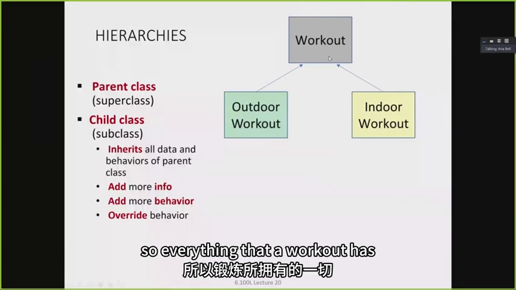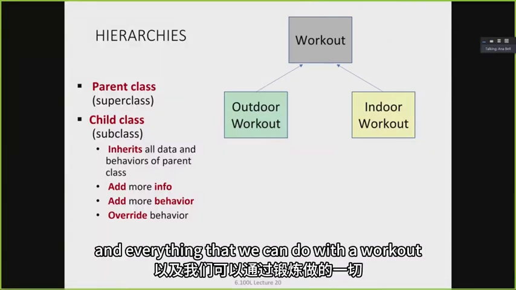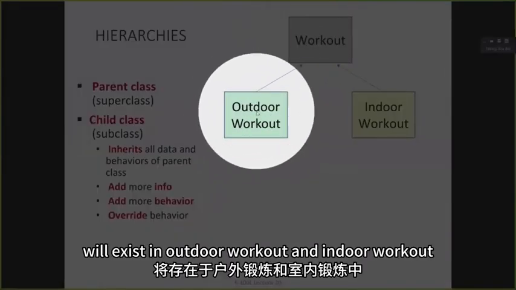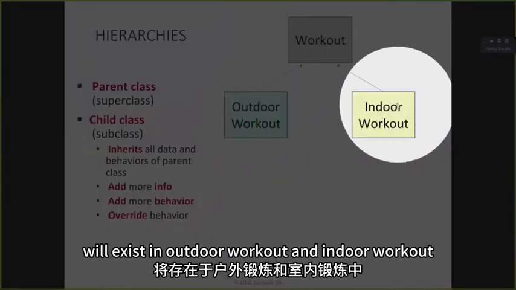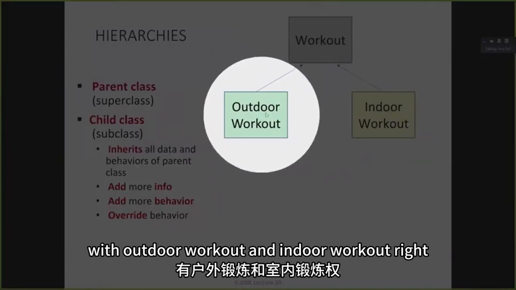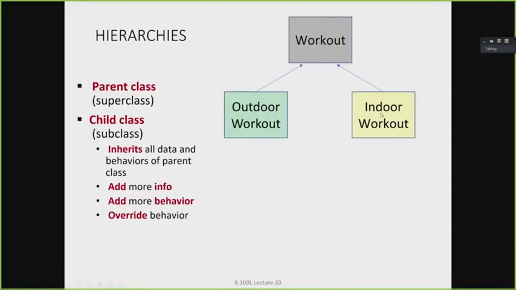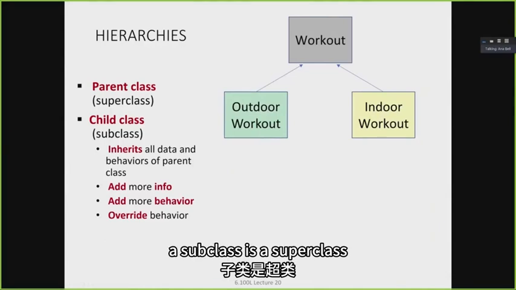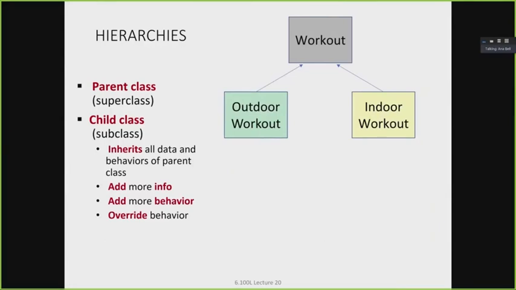So everything that a workout has and everything that we can do with a workout will exist in outdoor workout and indoor workout, and we'll be able to do with outdoor workout and indoor workout, right? So a child class is a parent class. A subclass is a superclass, right?